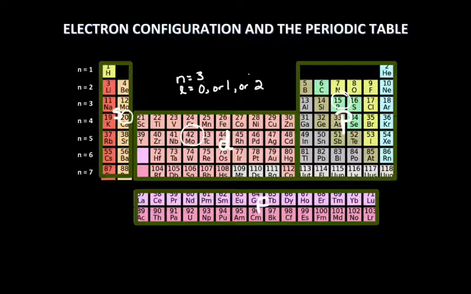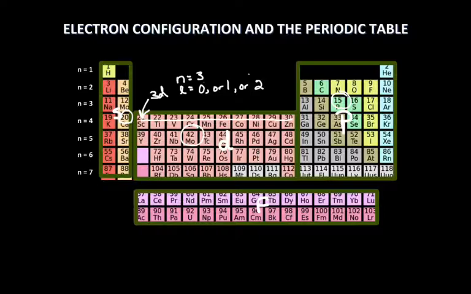We're filling the d block. And the first d orbitals are when n equals 3. So if this is the first row where we fill d orbitals, then that row is the 3d electrons. So we go from 4s to 3d.